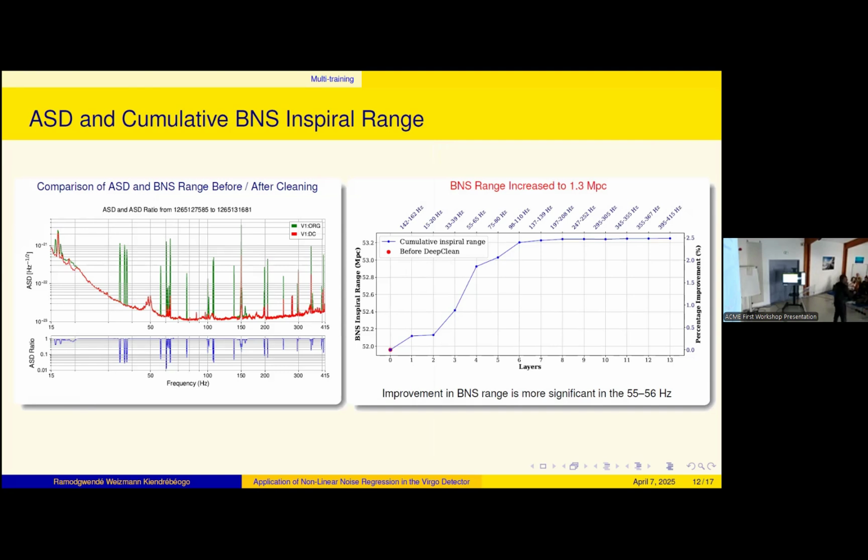We have, let's say, a magnetometer. But the problem is that sometimes those noises couple together and create another non-stationary or non-linear noise. Sometimes we cannot say that the noise comes specifically from these sources.